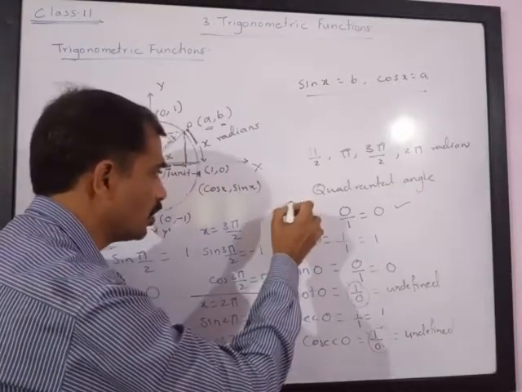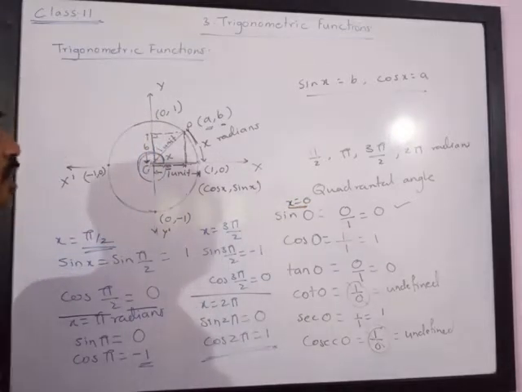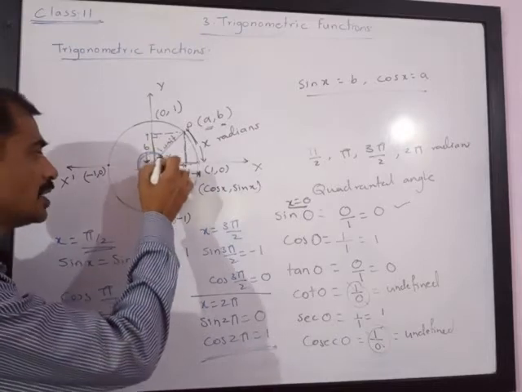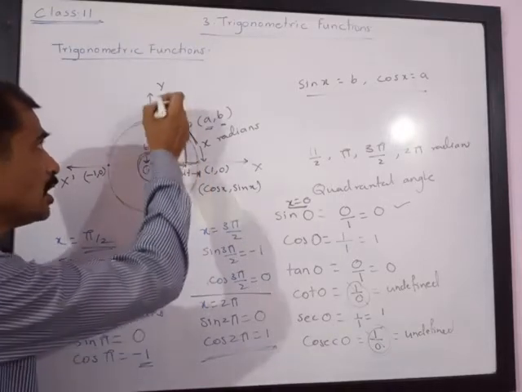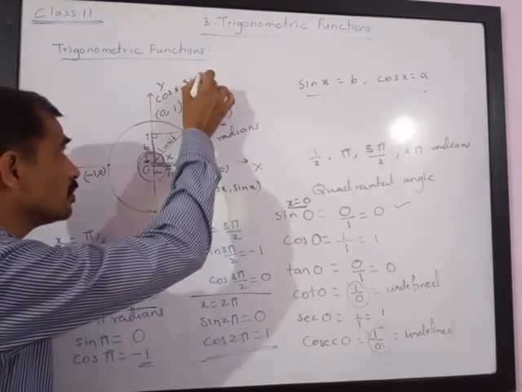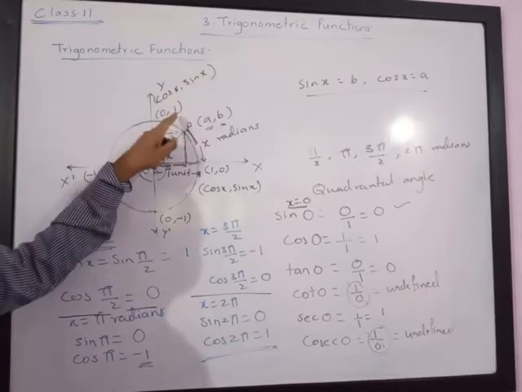When x is 90 degrees, the x coordinate is cos x and the y coordinate is sin x, so you will get cos x is equal to 0 and sin x is equal to 1.